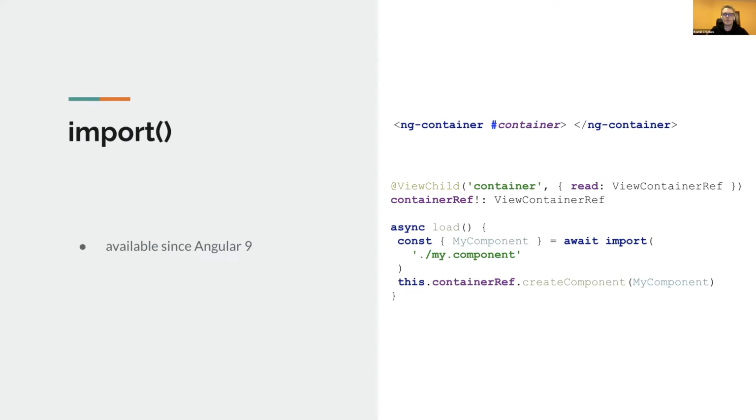Such a function will use the import function to load the component asynchronously. Afterwards, you pass this component to the createComponent method exposed by ViewContainerRef. By default, this component will be appended as the last entry in the container, but you can also explicitly specify the desired position by using the index option.